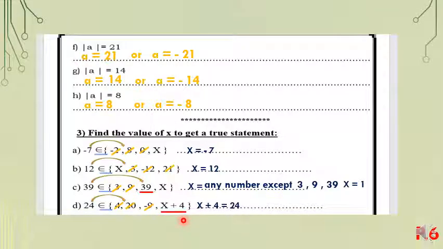So, this x plus 4 equals 24. Here, I need to find the value of x. What plus 4 equals 24? Calculate it in your mind. Directly, I can find that x equals 20. 20 plus 4 equals 24. So x equals 20.